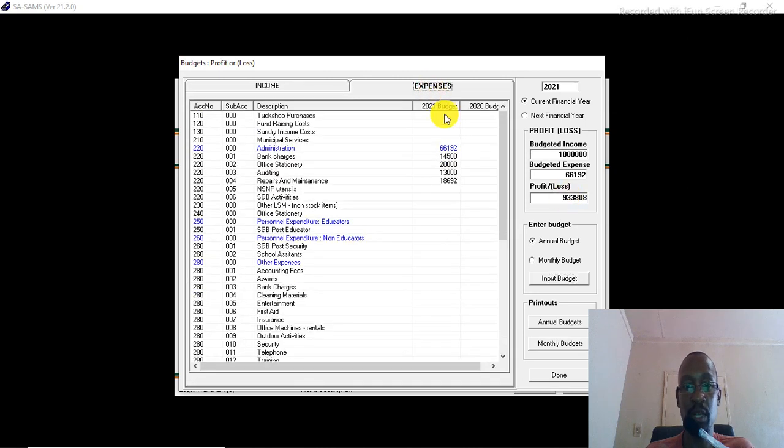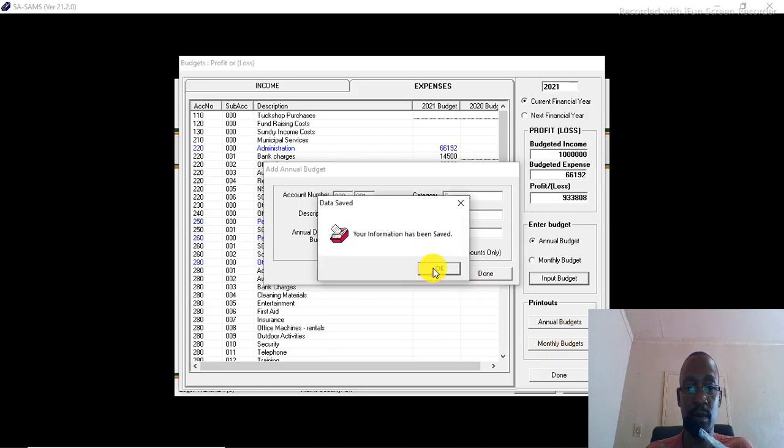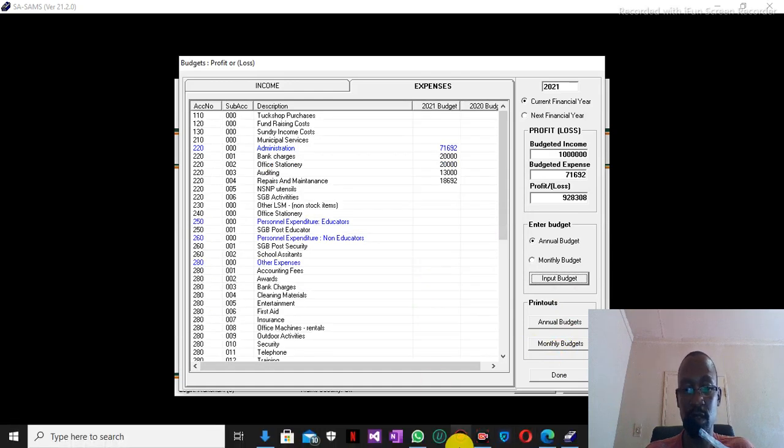Right, expenses. Now, I'm also going to just remove this. So in terms of bank charges, we budget 20,000 to say, hey, this will cost us 20,000.